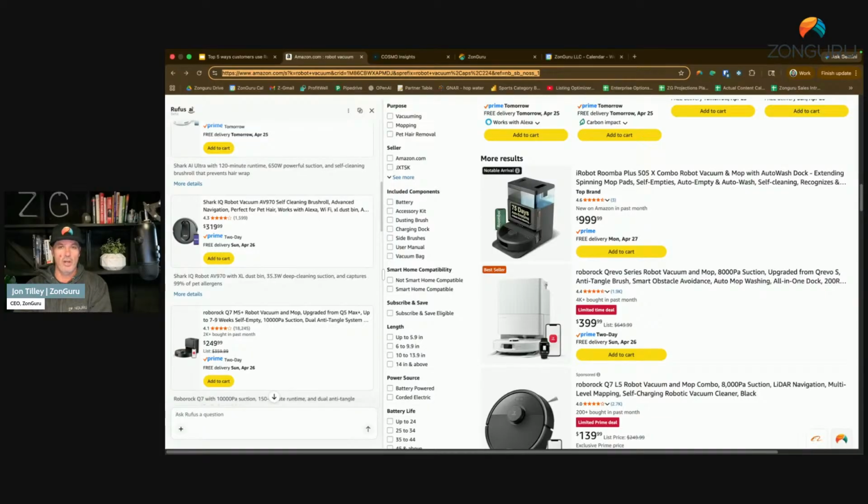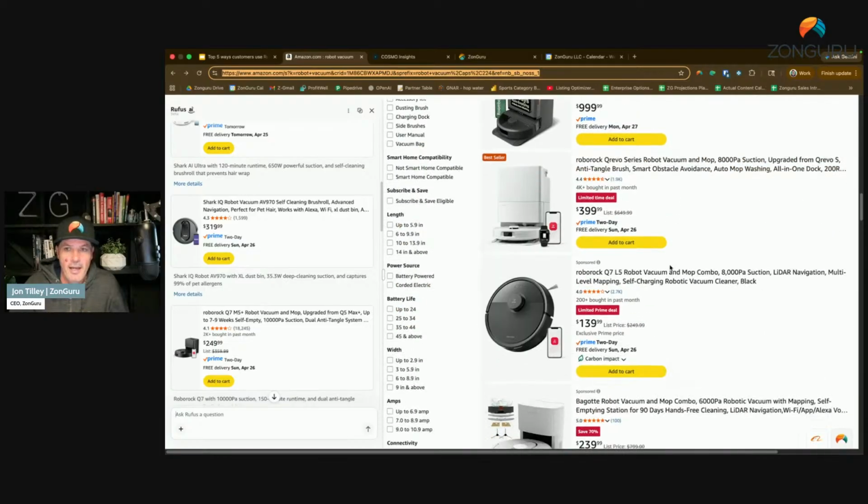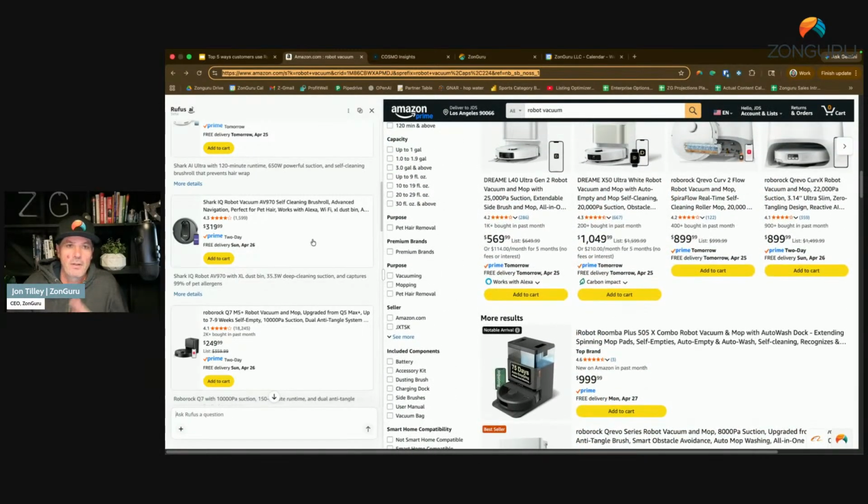If the question is whether you're going to lose market share on Amazon, yes. What we're seeing is that what you're optimized for and recommended for in the organic search results right here is very different from what you're being recommended for in Rufus.